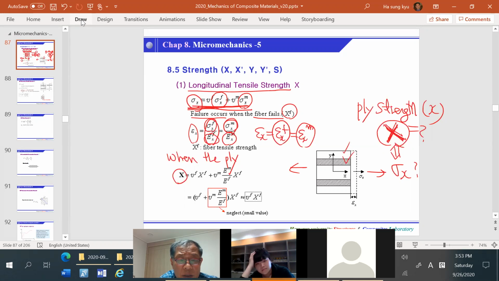Look at this one. This comes from here. This one has sigma xm, it comes to here, but sigma xm is related through the Young's modulus, we go to here, and that is the one we have like that, right? So sigma xm is like that.